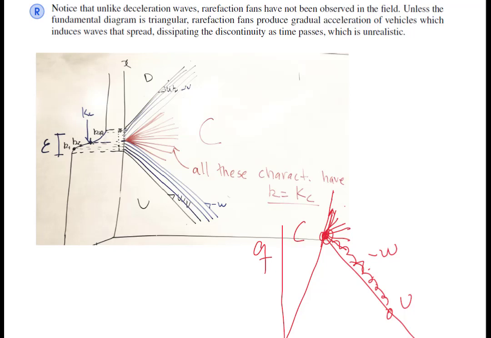Because once you reach capacity, the last wave speed was negative W, then at that point you have all wave speeds from negative W all the way to positive U, so this should be U, the slope of all the characteristics downstream of that point. And the point where all that happens is the critical density right over here, right?